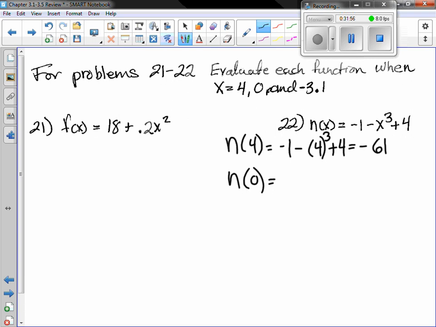Wait, no, I did that wrong. So hit enter. You can say delete, delete, press 4. So negative 61. And again, we can just type this into the calculator and it'll give us the answer, yes? We can do the same thing with 0 and go negative 1 minus 0 cubed plus 4.